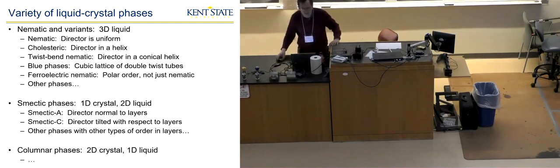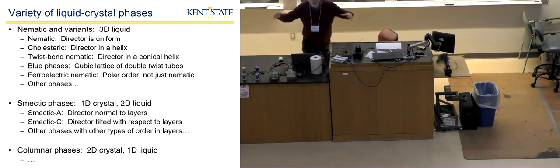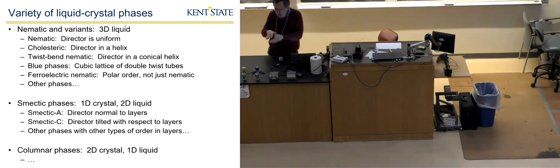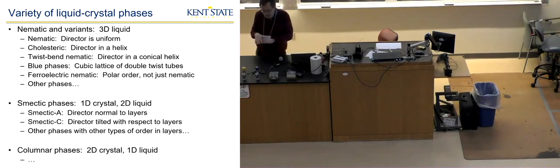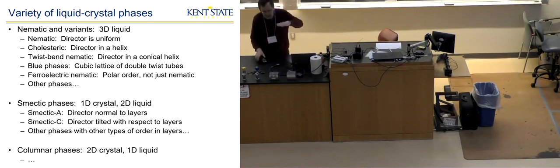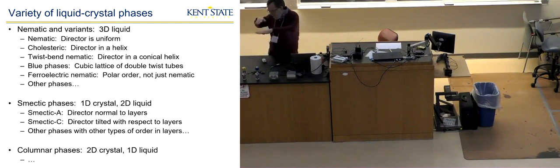That is, even if you let the molecules do whatever they want to do, they tend to have a variation in the alignment. So in the cholesteric liquid crystal phase, also pretty common, the director is in a helix. That is, here it points this way, and then as you go up, it points this way, this way, this way, this way, and it keeps rotating around.